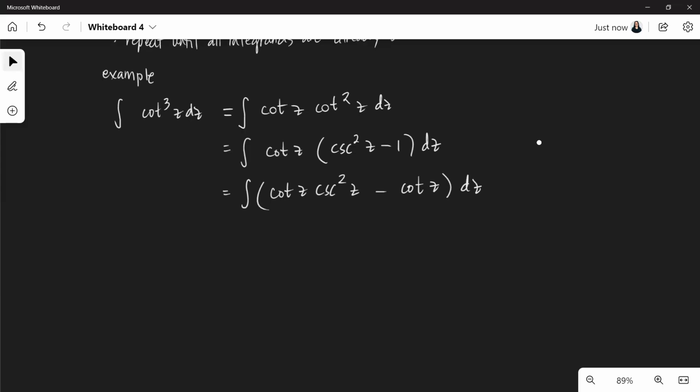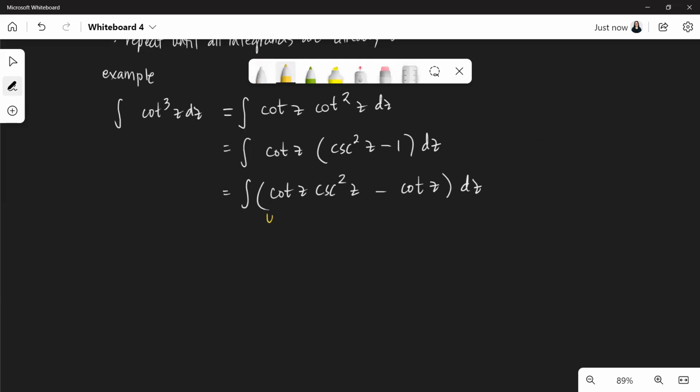Now we have a formula from I4 to I15, and this one is also using those formulas, and we let u be equal to cotangent. For this first term, let u be equal to cotangent of z, because our du is negative cosecant squared z dz. So we need a negative 1 as our neutralizing factor.